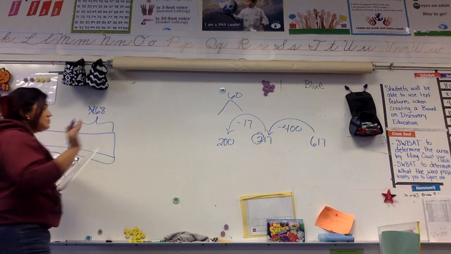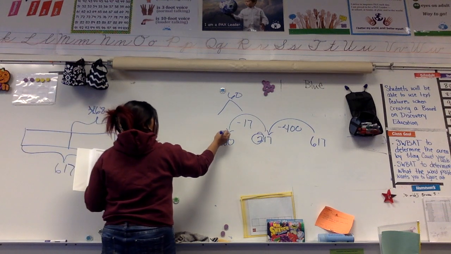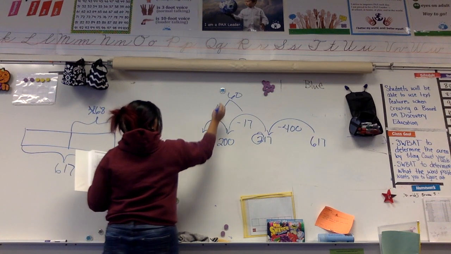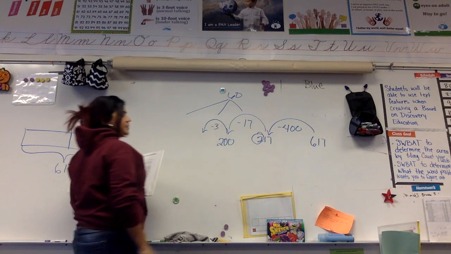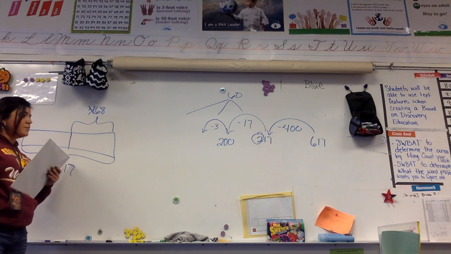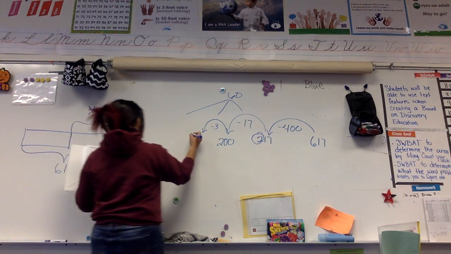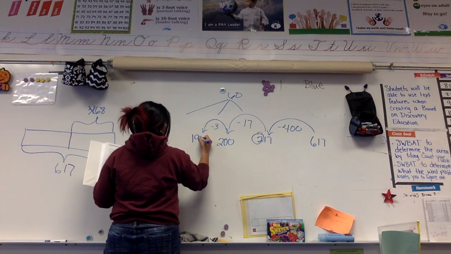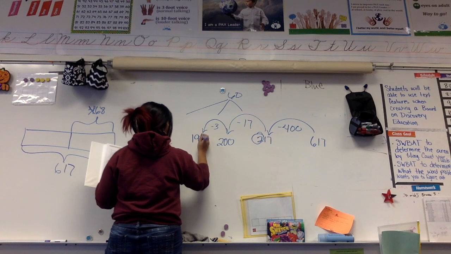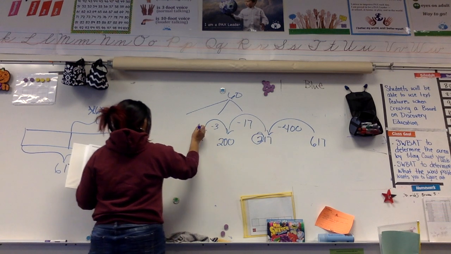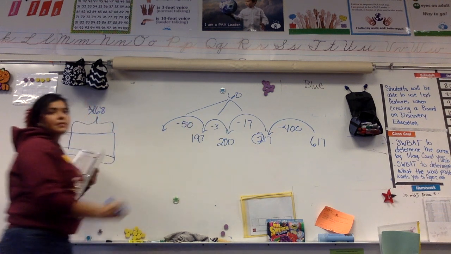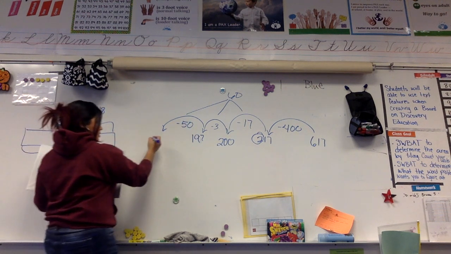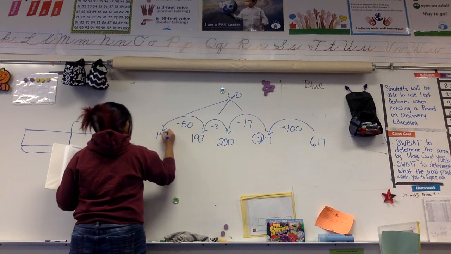Okay, cool. All right, let's do that 3 first. We're going to have 3 jumps. Colt. 197. Now, Veda said 53. So I'm going to do that 50 now. 147. Mr. Colt, you are like on fire.